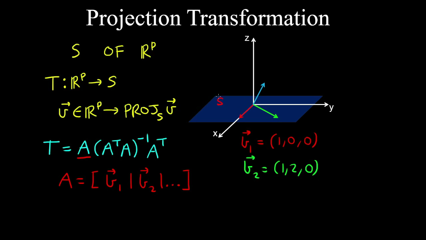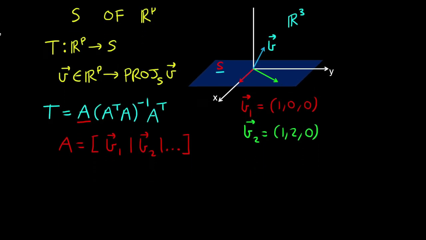And we want to find the matrix that maps every vector B in 3 space to the subspace S. So what we do is assemble the basis vectors in the matrix A as columns of this matrix. So we have 1, 0, 0 and 1, 2, 0.